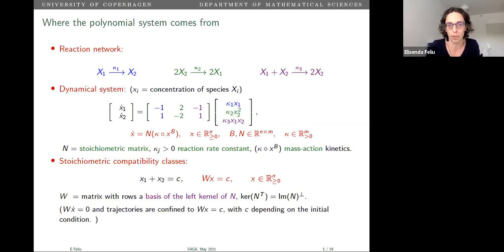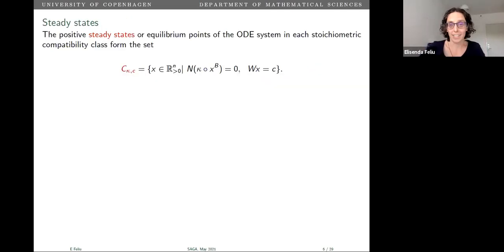It's like the first step mathematically. So the intersection of the set of points where this is 0 with these linear invariant spaces gives me the equilibrium points in these spaces where the trajectories take place. So that's where this system comes from. My C kappa C has this form.